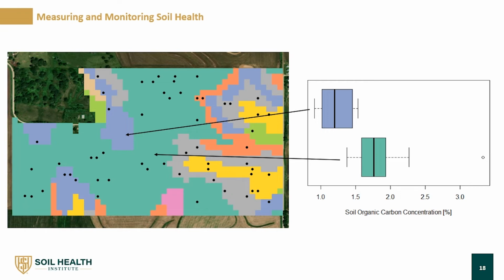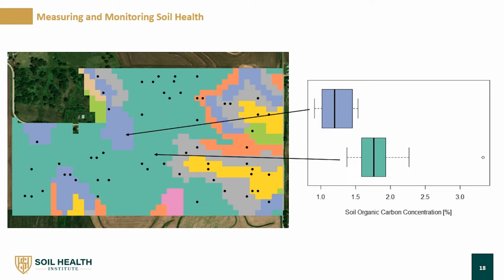If we go to each of these locations denoted by the black points and pull a soil sample and compare the soil health indicators across that field, we notice that the zones from which we collect those samples have a large bearing on the value of that soil health indicator. In the graph on the right here, we're looking at soil organic carbon concentrations taken from the blue and the green zones respectively.